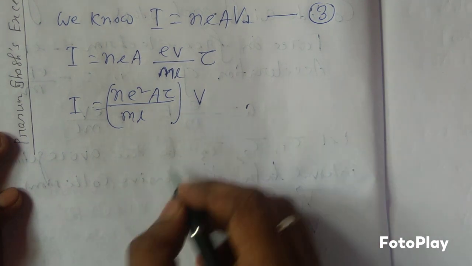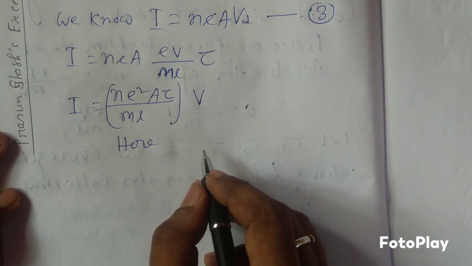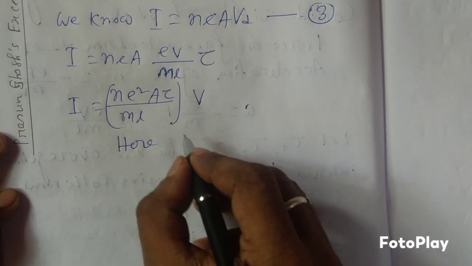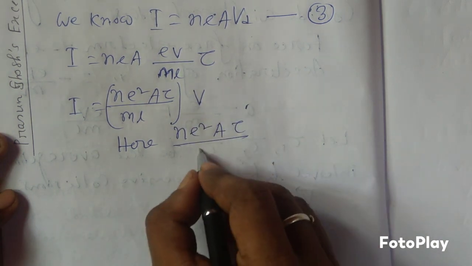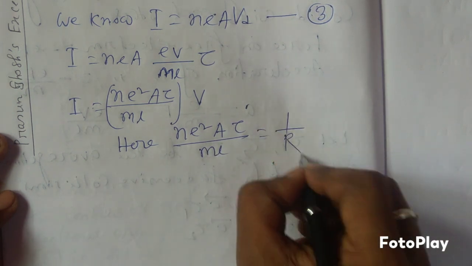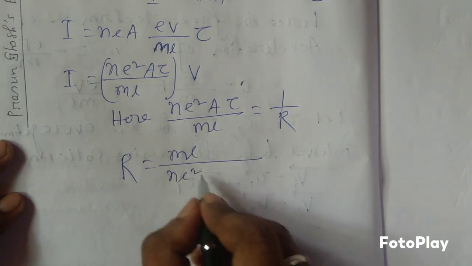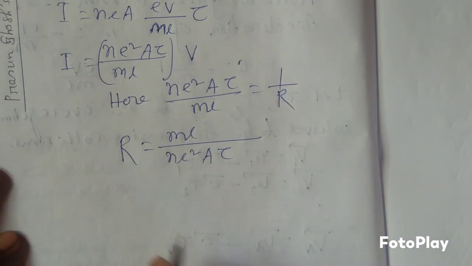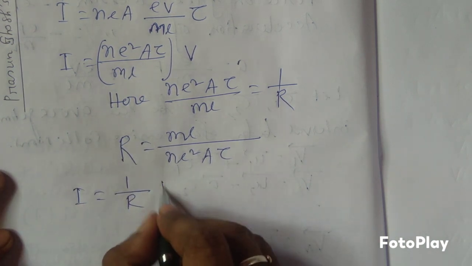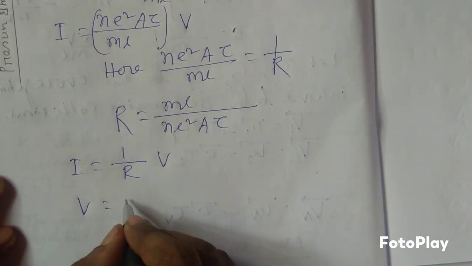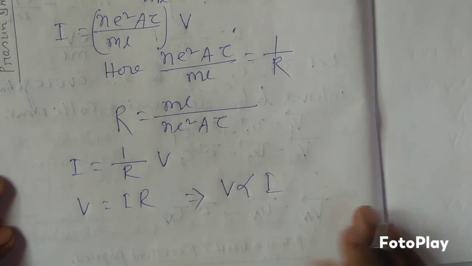Here N square A tau by ml is 1 by R, that is R equal to ml by N square A tau. So putting the value of 1 by R, V equal to IR. From this we get V proportional to I.